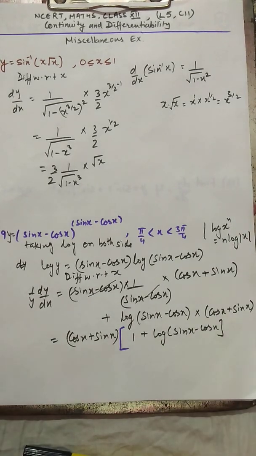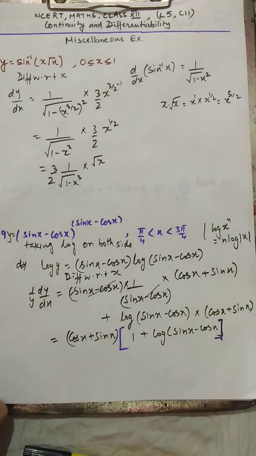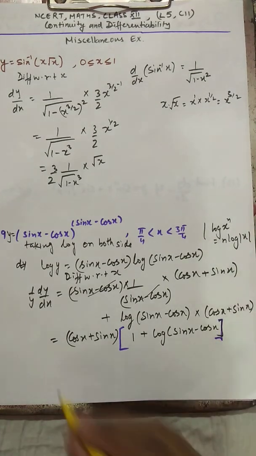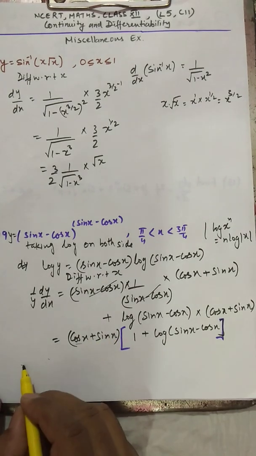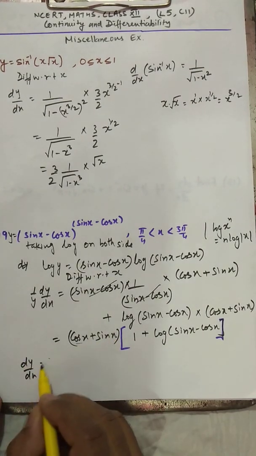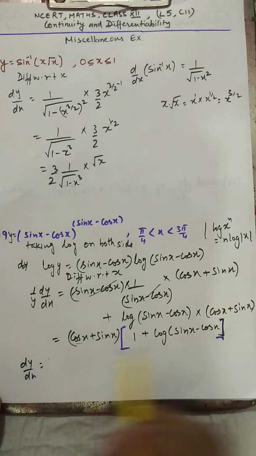So you can simplify this way, and ultimately dy by dx, y will get cross multiplied, so your dy by dx will be y into completely this.